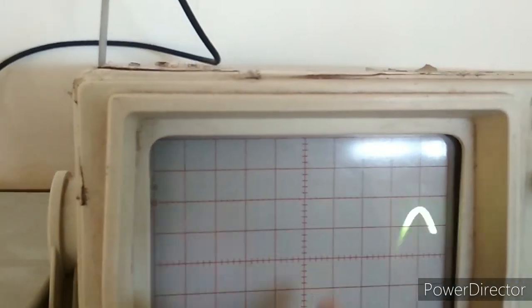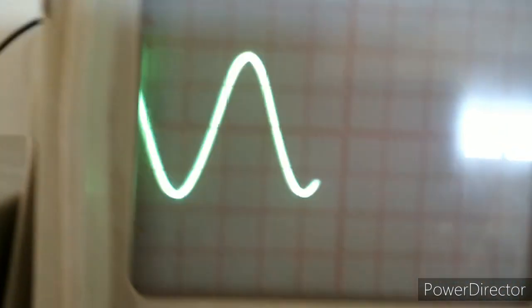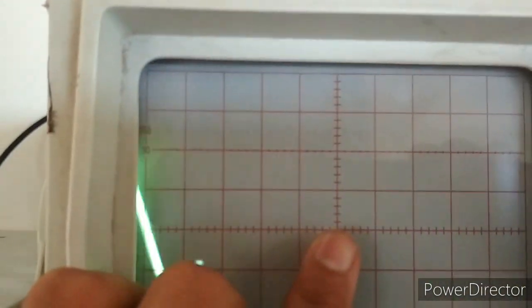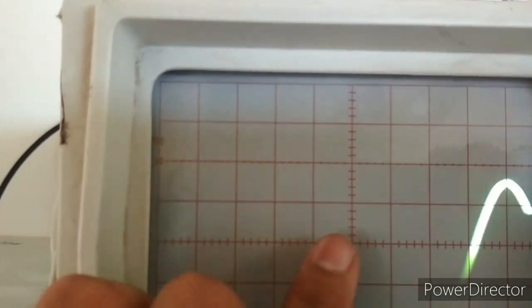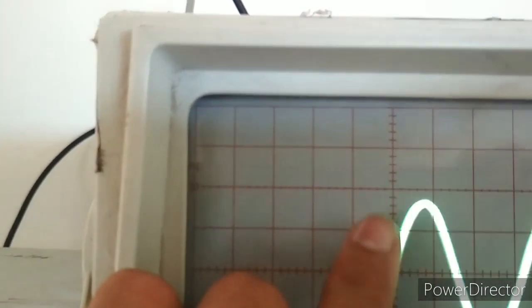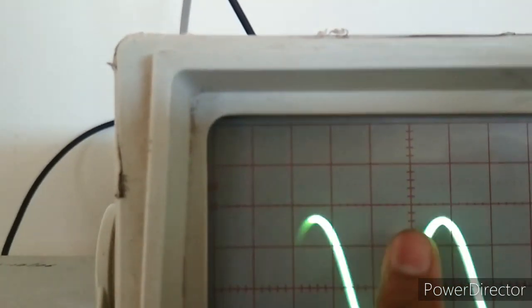From 0, how many blocks or how many divisions are there? Let's see. This is the 0 line. Okay. Then 0.2, 0.4, 0.6, 0.8 and 1. After 1, 1.2, 1.4 and 1.6. Its maximum amplitude is at 1.6.